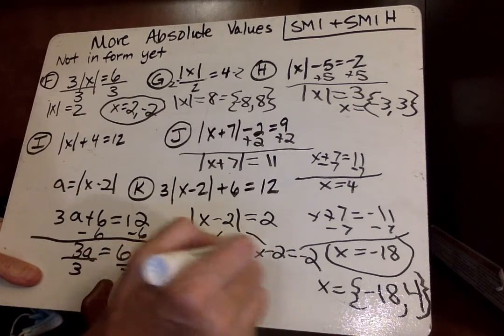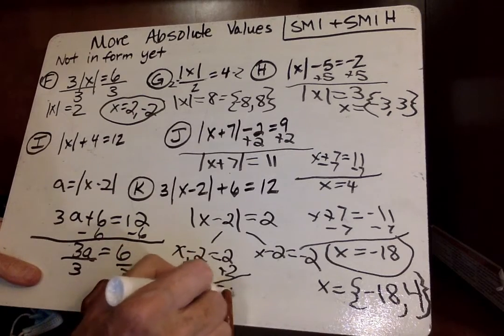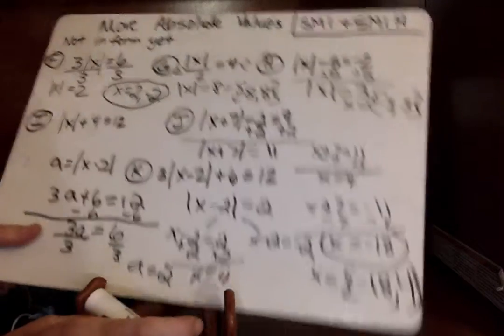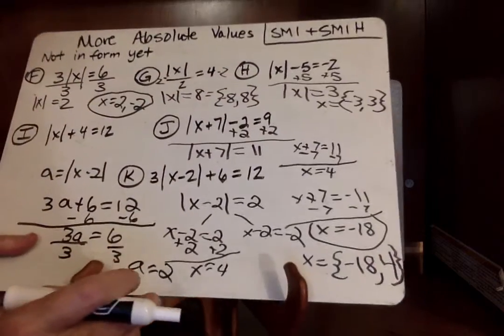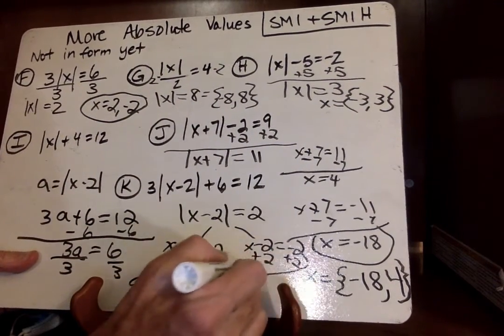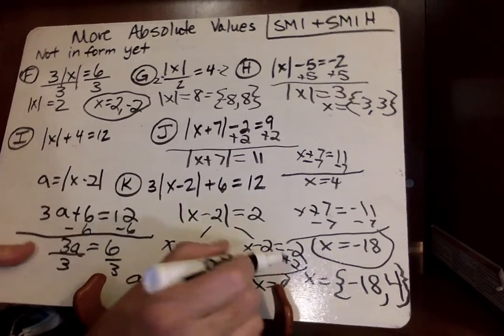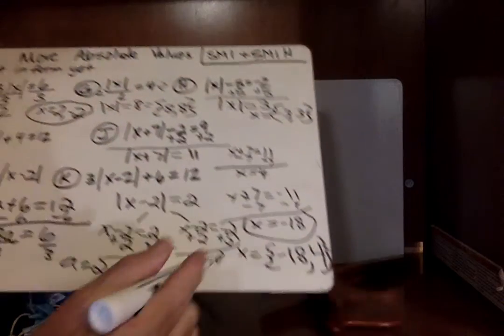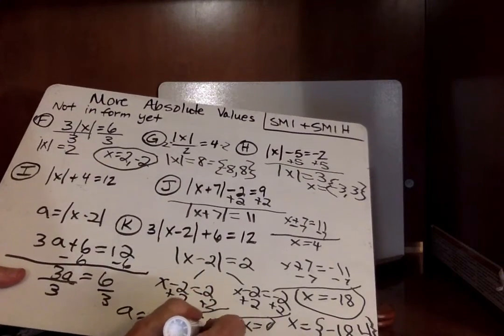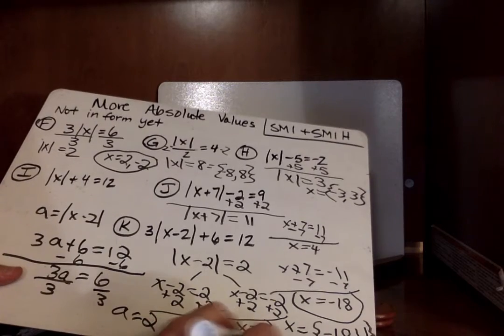Add 2, add 2, x equals 4. Then we have the other one, add 2, and x equals 0. So our solution set is x equals parentheses 0, comma 4.